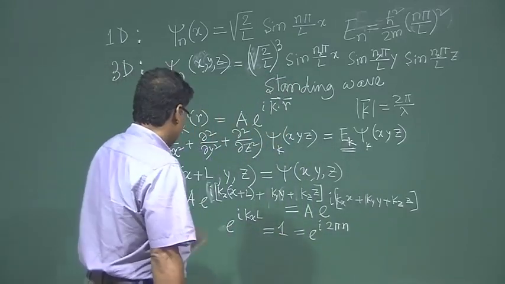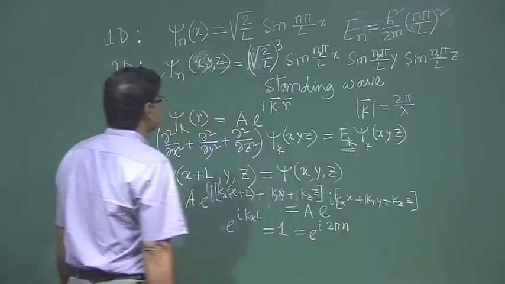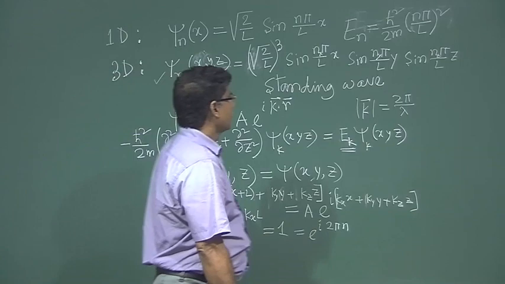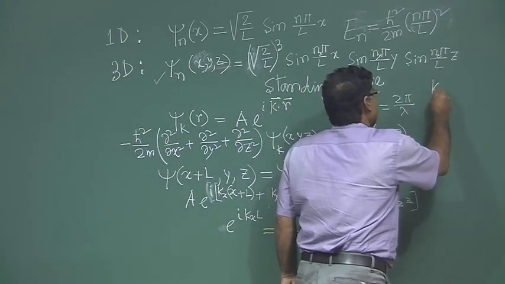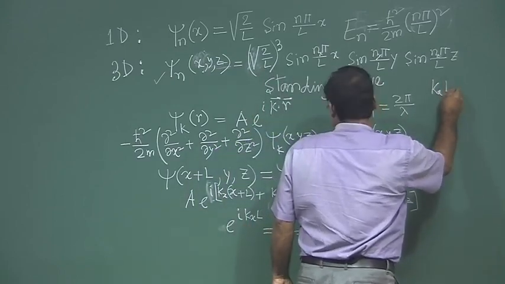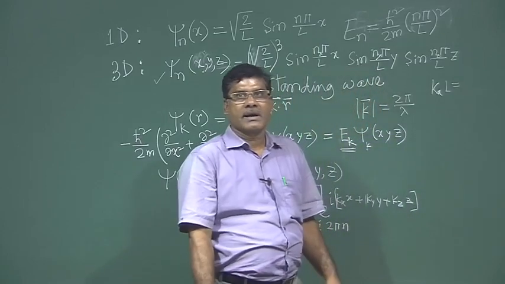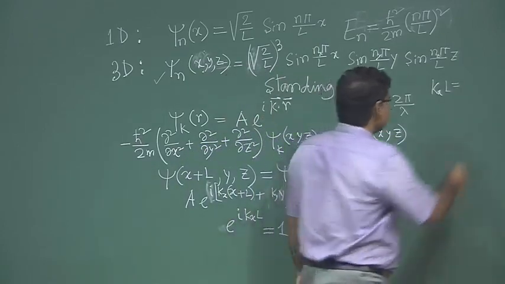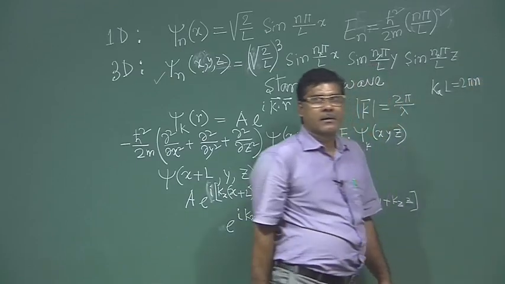So, from here what we are getting? We are getting k_x L equal to 2 pi n, right.